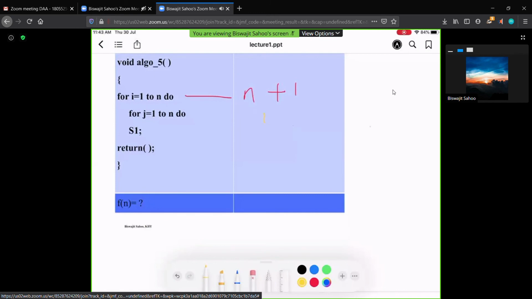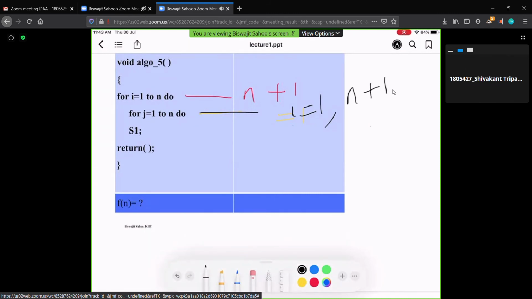When i is equal to 1, how many times does the inner for loop get executed? N plus 1 times.